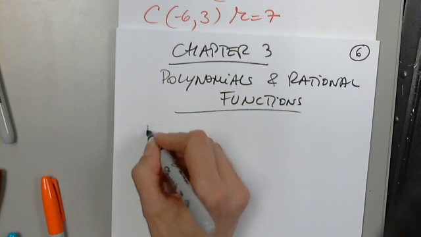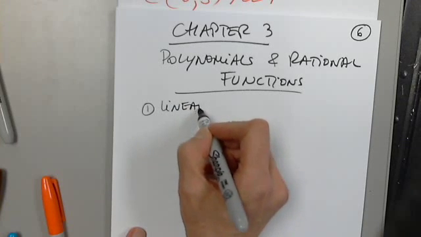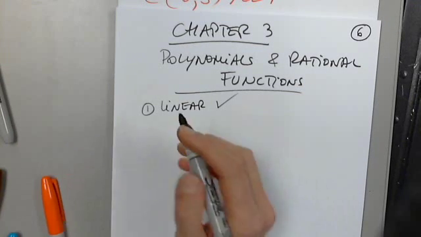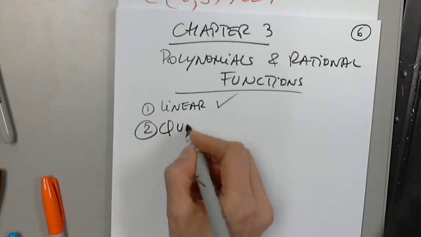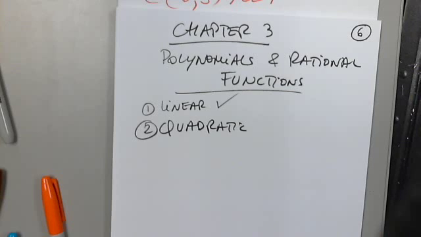So in short, it has number 1, linear, which we will not discuss again. It's not part of the polynomial functions in this chapter anymore. We know this function inside out. Number 2, quadratic. You can say, I know this function inside out as well. True, but we still have some details to work on.